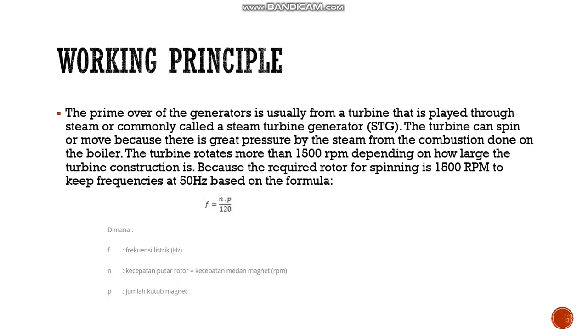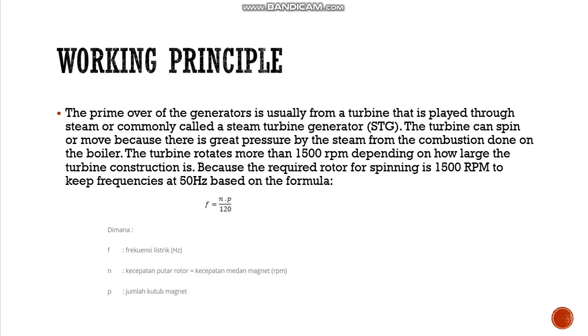Next, the working principle. The prime mover of the generator is usually a turbine driven by steam, commonly called a steam turbine generator or STG. The turbine can spin because of the great pressure from the steam produced by combustion in the boiler.